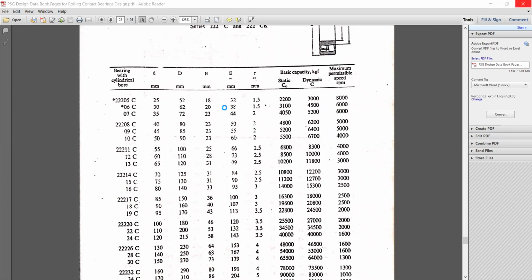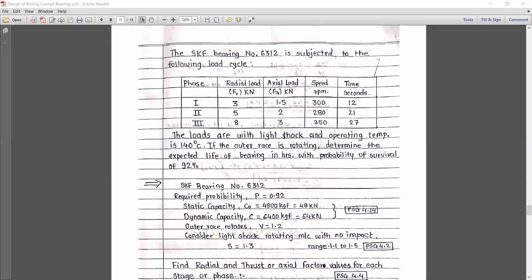Okay, the bearing 6312 is subjected to the following cyclic load. They have provided different phases with the radial and axial load, then the speed of each stage and the time of engagement. So here there are three phases which we have elaborated.